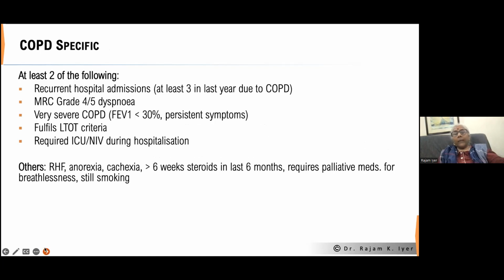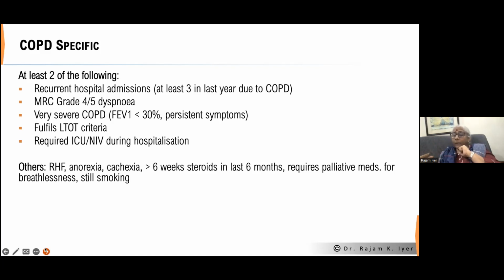Specific for COPD: age, comorbidities, recurrent hospital admissions, severe breathlessness, grade 4-5 MMRC, on 24/7 oxygen, deteriorating lung function, and a patient requiring 1 ICU admission. If the patient satisfies any two of these, start thinking the probability of him living up to next Diwali is going to be less. If it is less, involve the palliative care team.